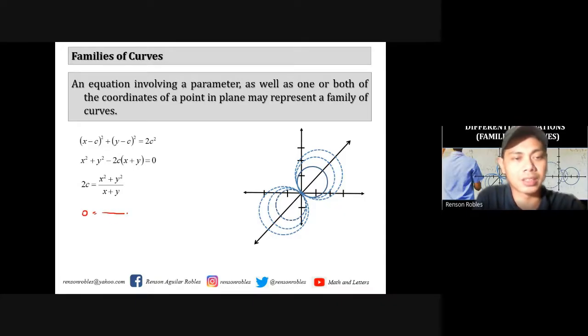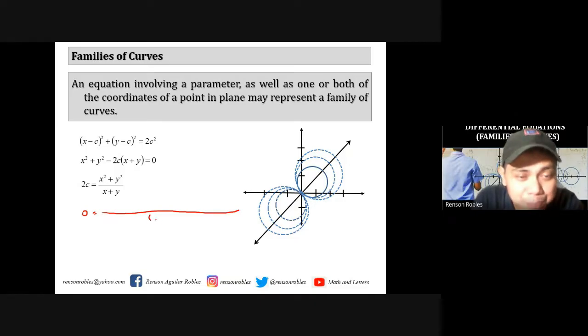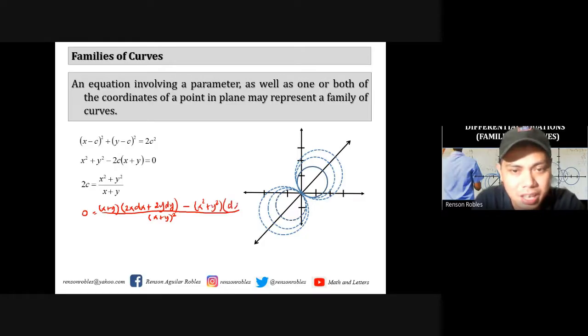And you can use the derivative of a quotient along with implicit differentiation to differentiate the right side. By employing the derivative of a quotient, you have x plus y in the denominator, you copy x plus y here, and then you differentiate the numerator implicitly, so you have 2x dx plus 2y dy, then minus the numerator, x squared plus y squared, times the derivative of the denominator, which is dx plus dy.